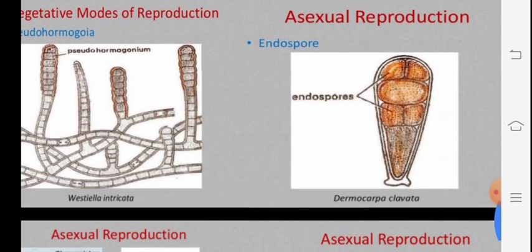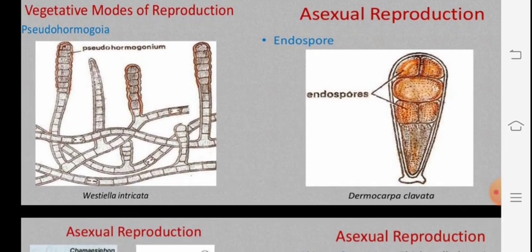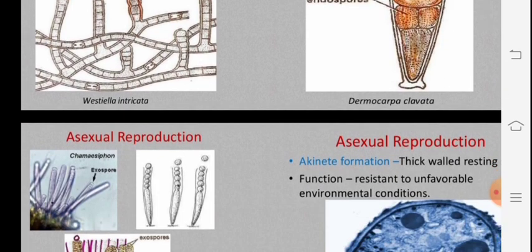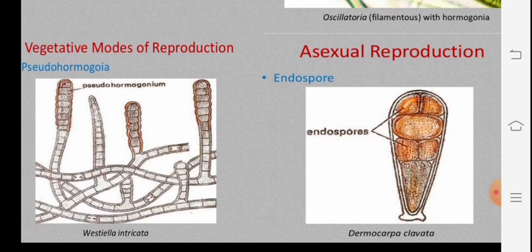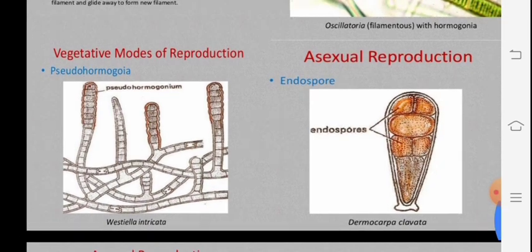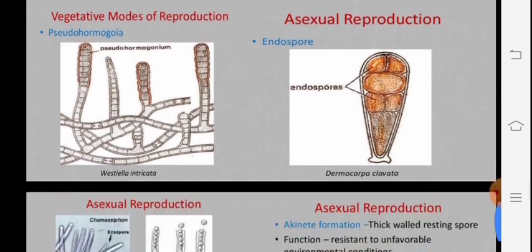It is not true, developing at the apex. Stigonema is the good example. Then it develops the endospores. They are developed by means of asexual reproduction. Asexual reproduction generally is due to the change in the water character, pH, temperature, then salt content, and therefore there is asexual.